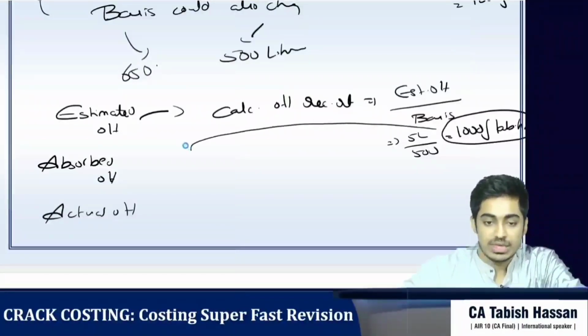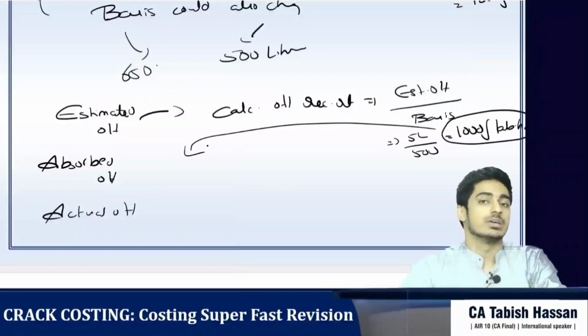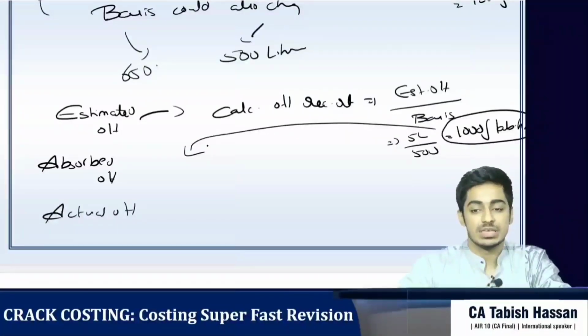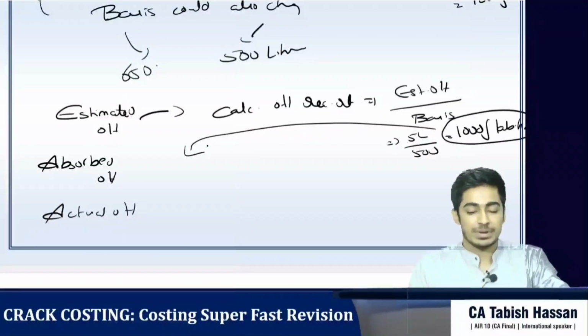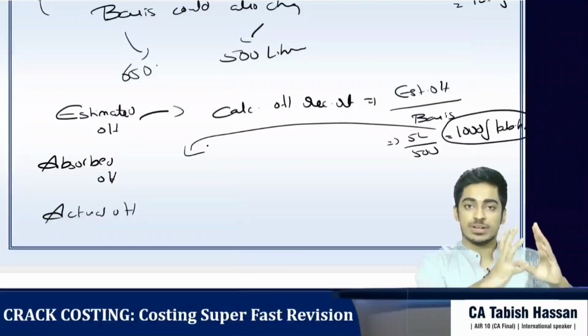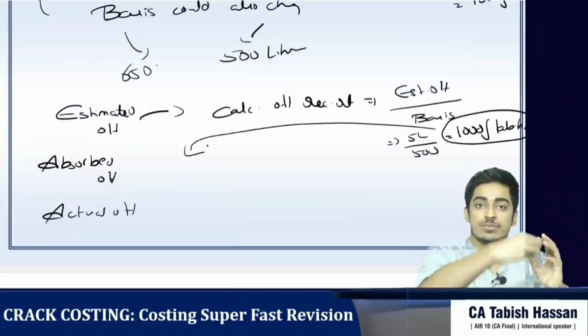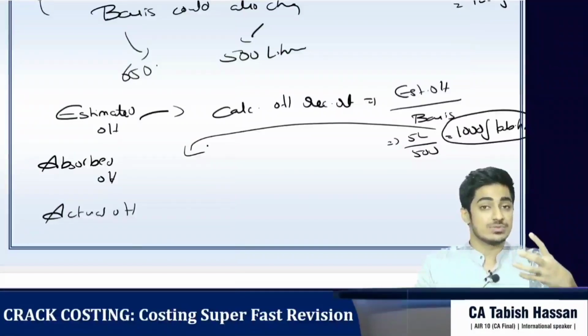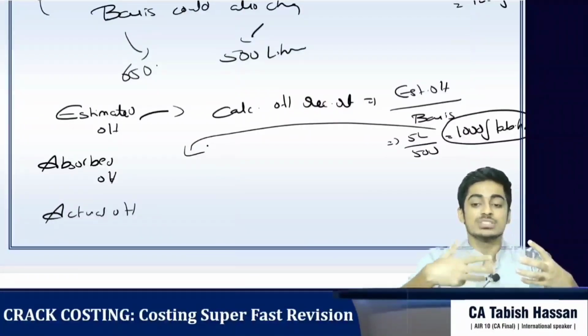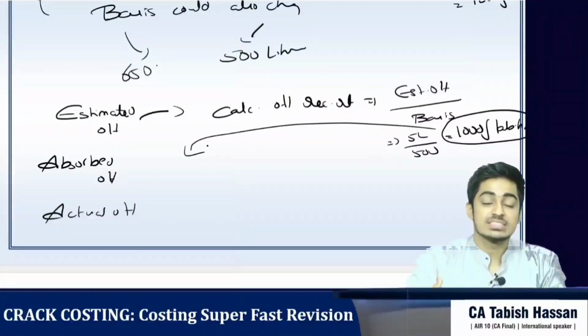Now, for every hour labor is working, we charge 1000 rupees to the cost. This keeps on happening. So on day 1, labor has worked for 10 hours, so 10 hours into 1000, we charge it to the cost. Next day, it keeps on happening. So for the actual hours worked, we keep on charging 1000 as the cost.